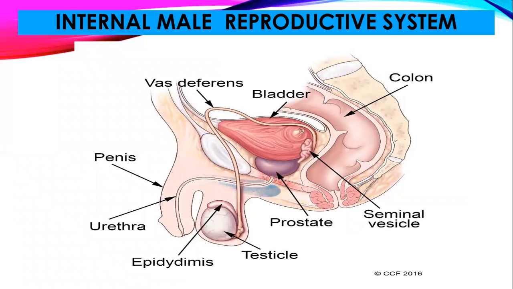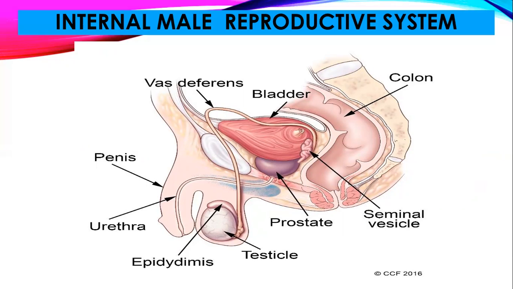Now, for the internal male reproductive system, the organs included are the following: the epididymis, which is a long coiled tube that rests on the backside of each testicle. It transports and stores sperm cells that are produced in the testes. It is also the job of the epididymis to bring the sperm to maturity, since the sperm that emerge from the testes are immature and incapable of fertilization.